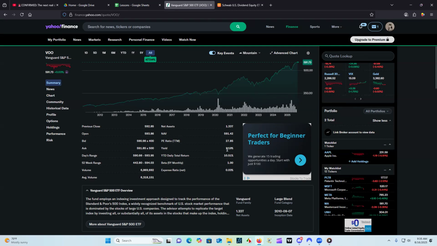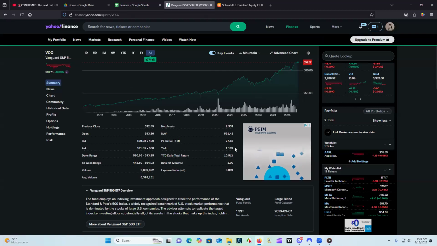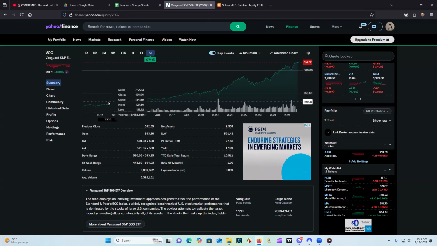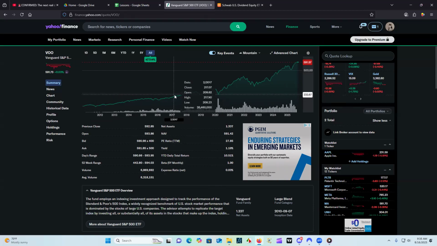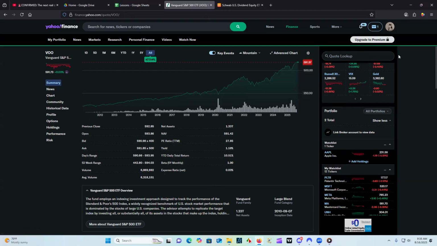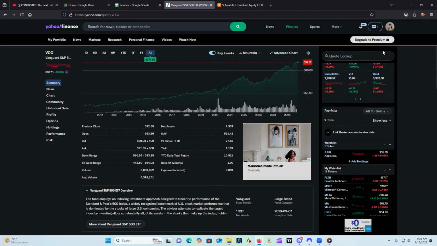So now maybe your yield, this is just a guess number, is now 2.5% because the stock has gone up, but you bought it down here. So just know that on these good ETF companies the price goes higher, it increases over time. As you hold it for a long time and into the future, your yield will go up as well, as long as the ETF goes up in price.